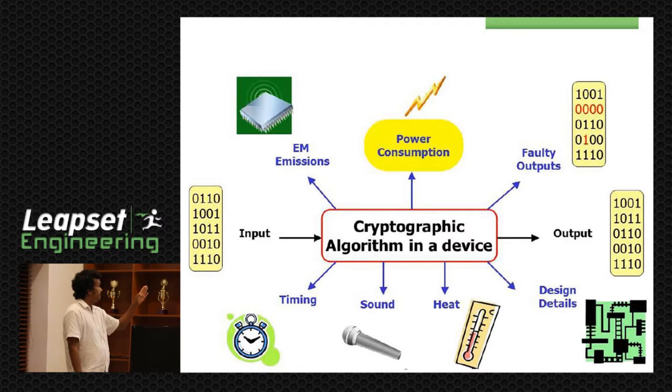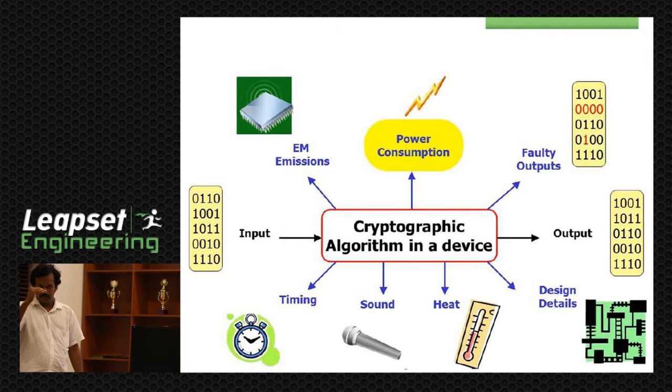Power consumption, electromagnetic emission, timing information inside your cryptographic algorithm. Right? If there is a branch taken, if you are programming, if the condition is true, the program goes to one branch of code. If it is false, it goes to another branch of code.